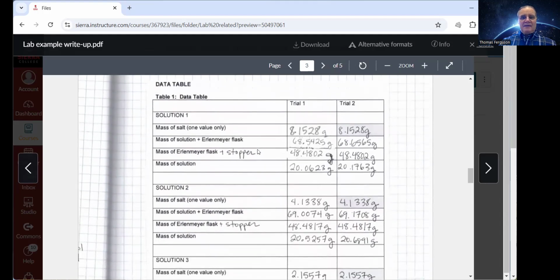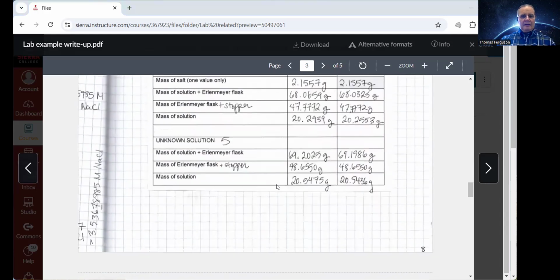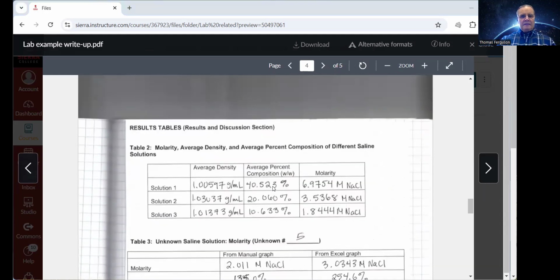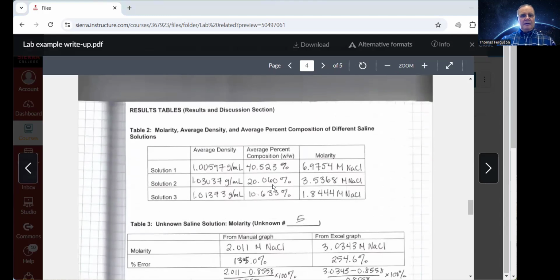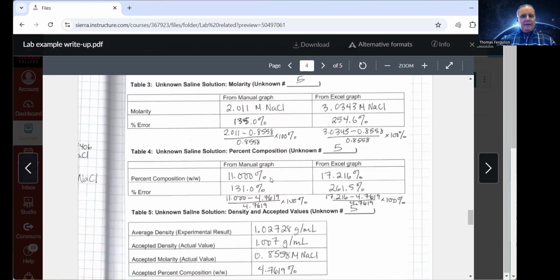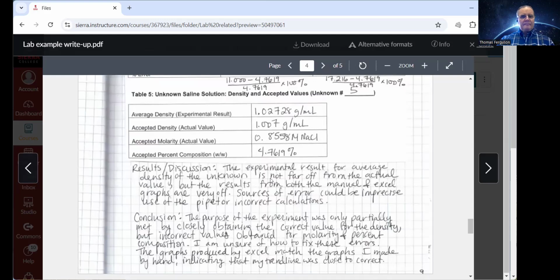Then you're going to have a data table with data plus calculations. We're going to be getting data when we do the lab. This particular lab had unknowns, but yours is not going to have unknowns. Then you have results and discussion and a conclusion.